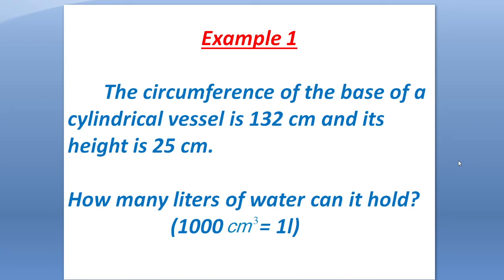If the circumference of the base of a cylinder vessel is 132 centimeter and its height is 25 centimeter, how many liters of water can it hold? In fact, this is L, L for liter. Okay.